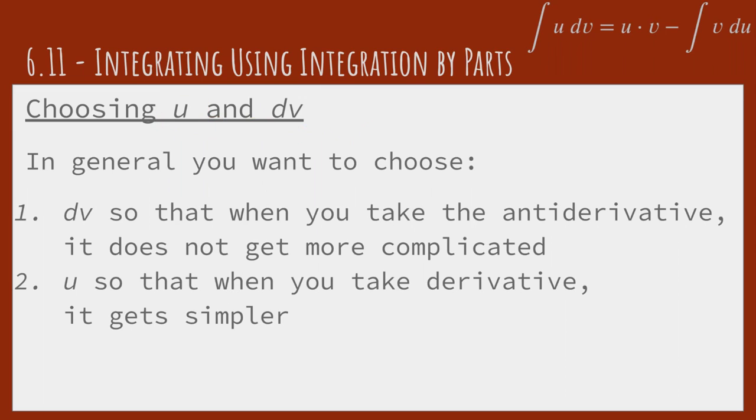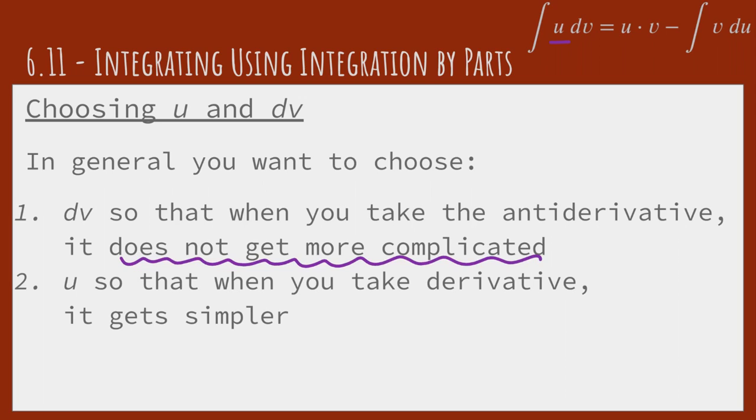So something we can take the antiderivative of, and when we do, we don't want the expression to get more complicated. So taking the antiderivative of dv should not make the expression more complicated if we can avoid it. There are some specific situations where we might not be able to avoid it. When we choose u, remember we're going to be taking the derivative of u.